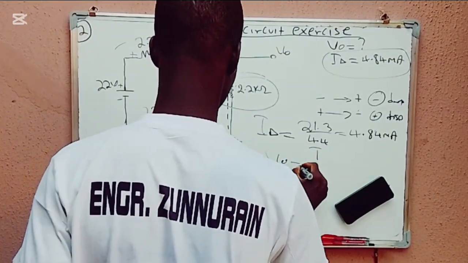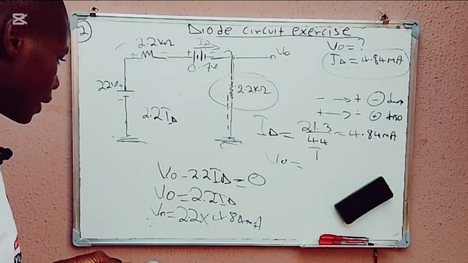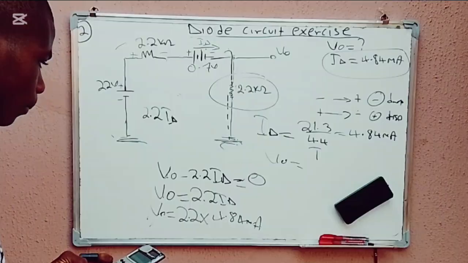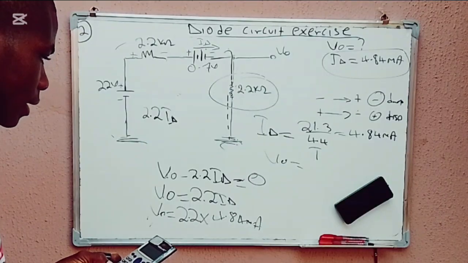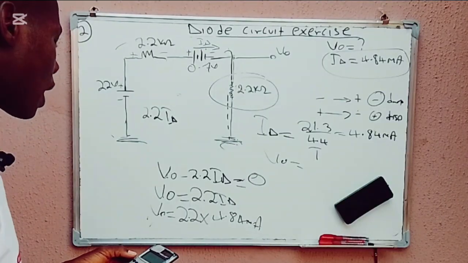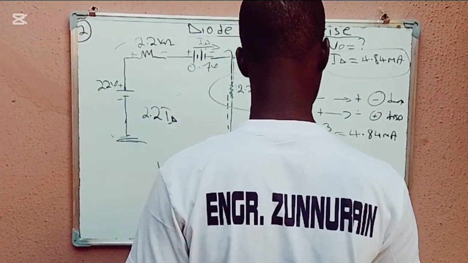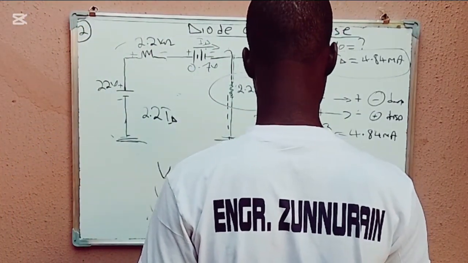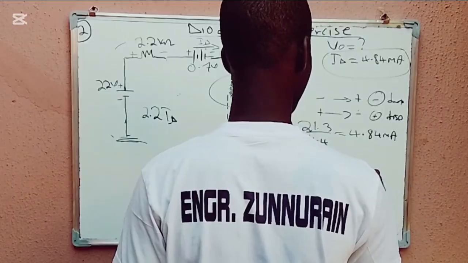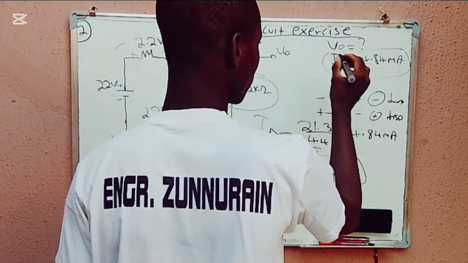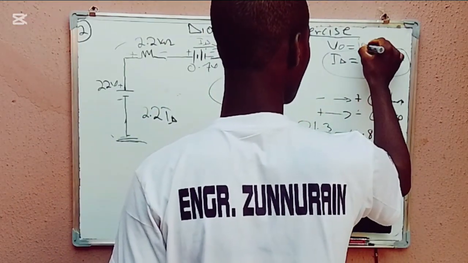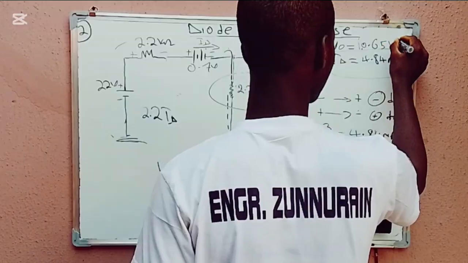The V out should now be 2.2 multiplied by 4.84 milliamps, which is 10.65 volts.